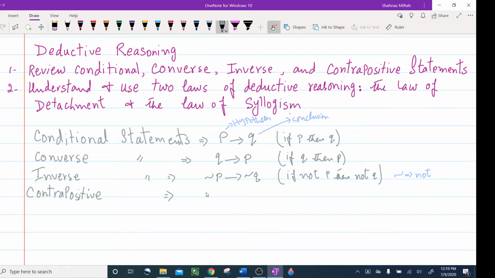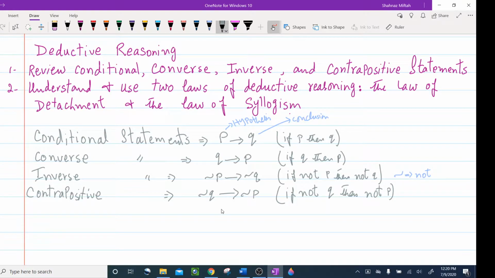So it's going to be if not Q, then not P. And guys, like I said, watch the video for conditional statements in detail, because in that video we will be able to see all these examples for the different statements.